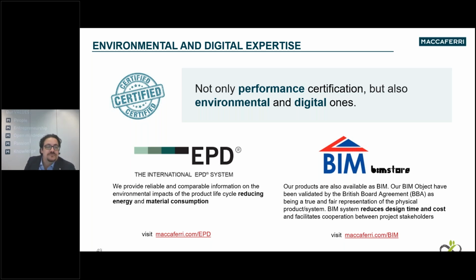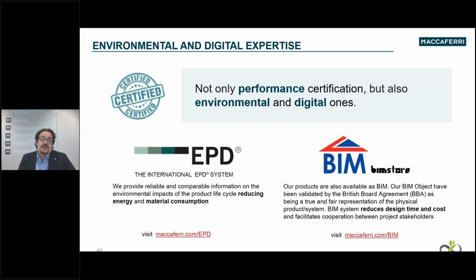So the EPD is published online, and you can find there all the values that you need to make a life cycle assessment of your proposal, of your design. And also the EPD is one of the certificates that you can find in our building information modeling object.